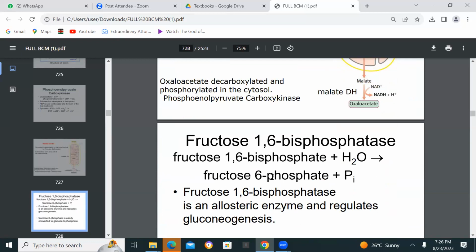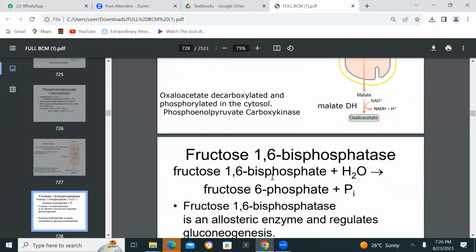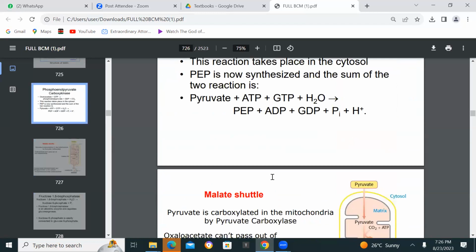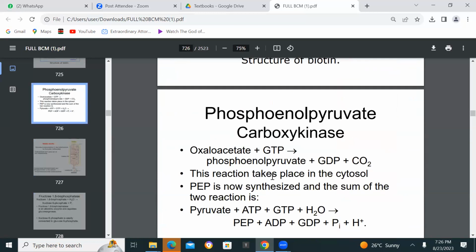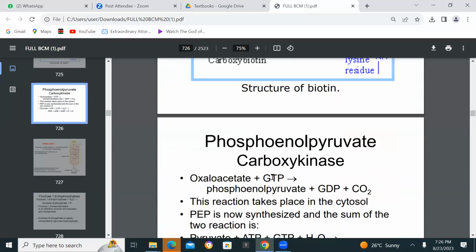Yeah, so now for the regulation, it happens at still the same step, but now the enzyme there is fructose 1,6-bisphosphatase instead of phosphofructokinase like in glycolysis.